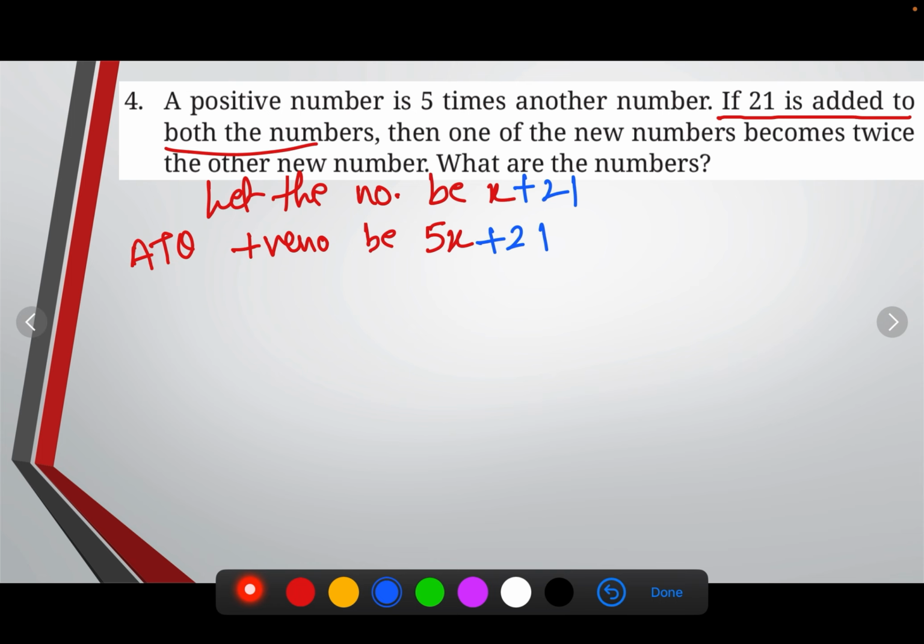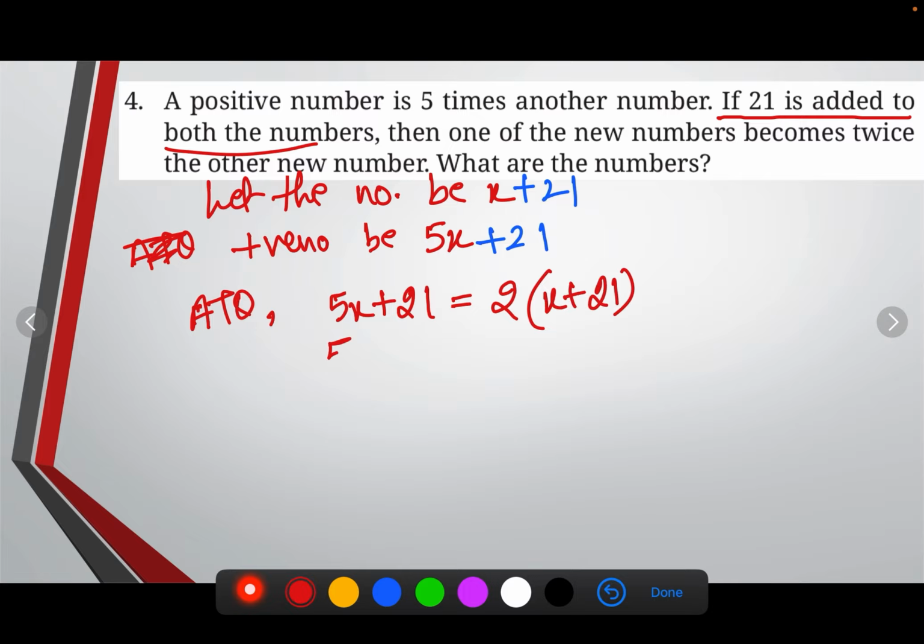So what my ATQ becomes? ATQ will be one number is twice the other one. Let's solve. 5x plus 21, 2x plus 42.